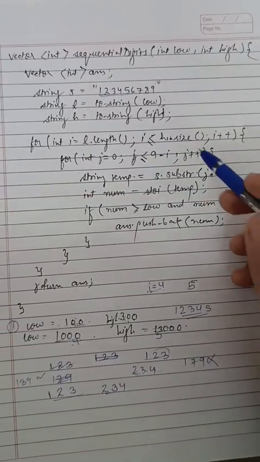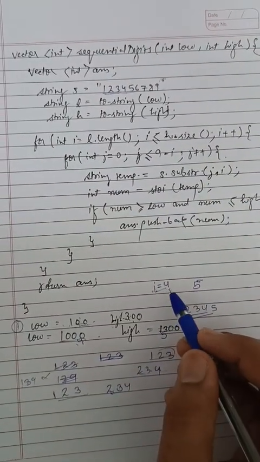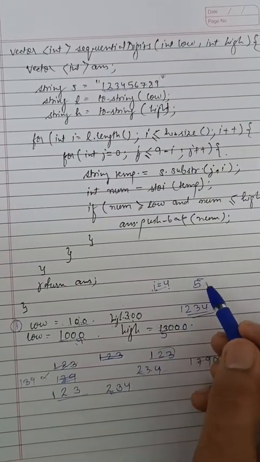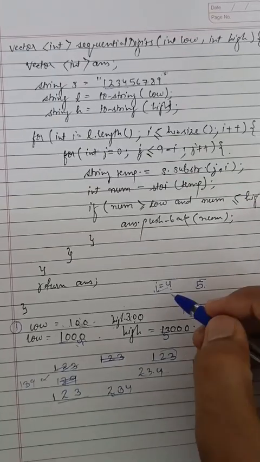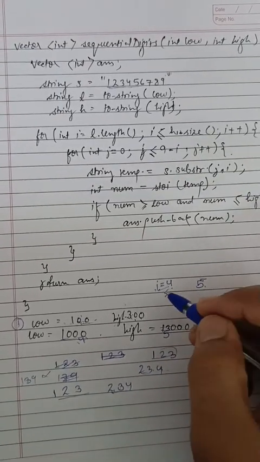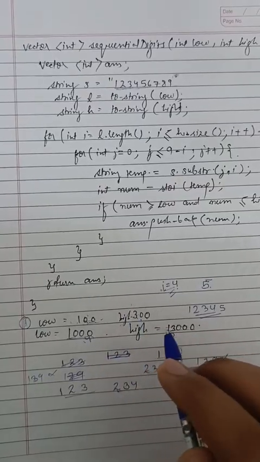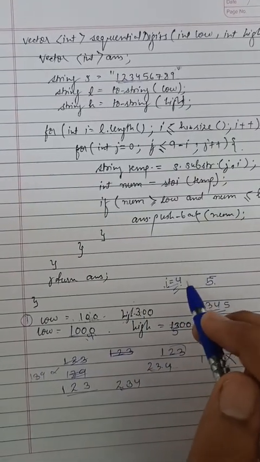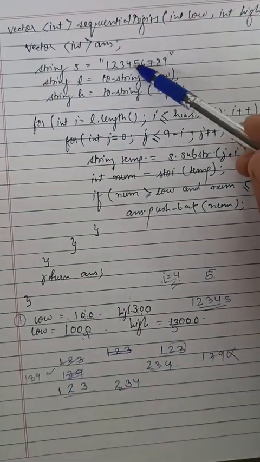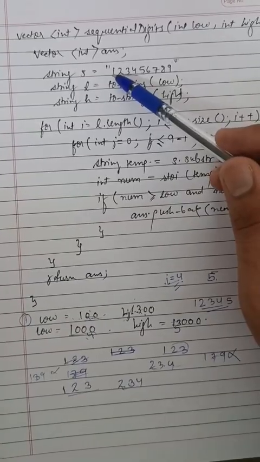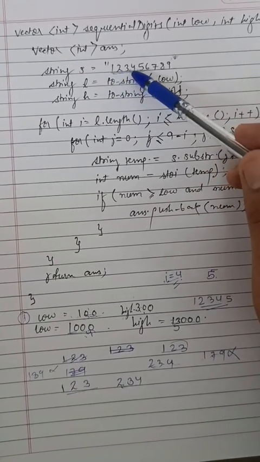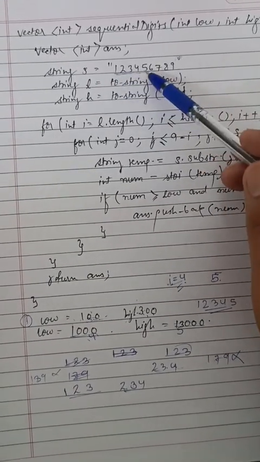Then i plus plus, that means I will move from i equal to 4 to i equal to 5. When i is equal to 4, I will consider all those numbers which are of size 4, starting from this string. Let's say 1 2 3 4.